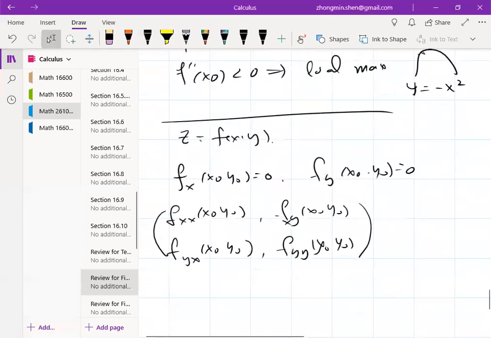This is a 2 by 2 matrix, that's called M. So if M is positive, that means a local minimum value. So the function has a local minimum value at that point.